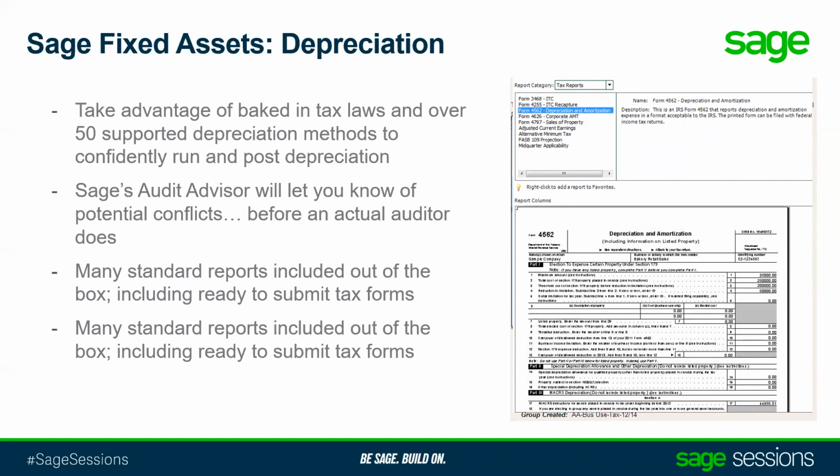And you can simply export that report and send it off to your provider or use it for your tax filing. You'll also be able to generate the tax expense report, which is actually used for reconciling that 4562. Some other standard reports for tax would be your sale of property or your 4797. There are property tax reports as well.